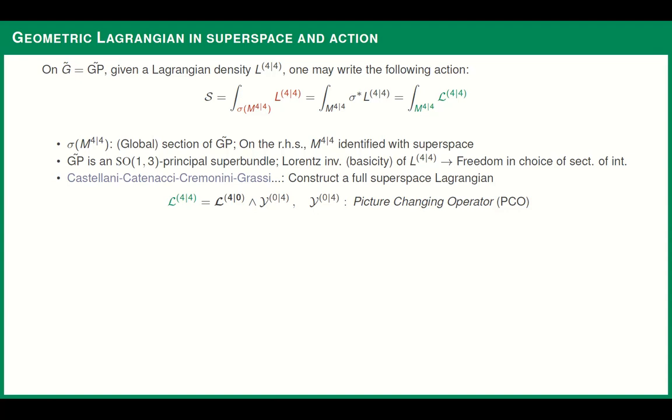And M44 here is identified with superspace in the same way in which M4 previously was identified with space-time. So now we are looking at super Poincare as an SO(1,3) principal superbundle. We have basically Lorentz invariance of the superspace Lagrangian.